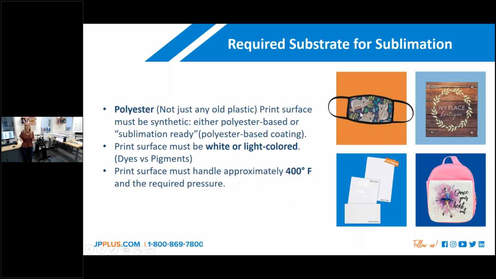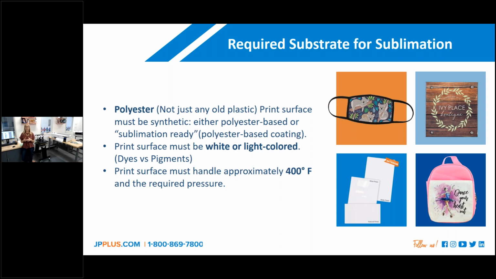And then it's very important because there are specific substrates that are going to be required in order for that sublimation ink to take. So it must be a polyester coating or a polyester material. And it can't just be any old plastic, otherwise it just won't accept and adhere and fully embed.